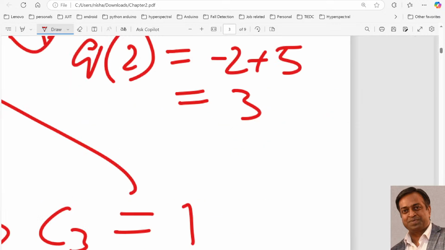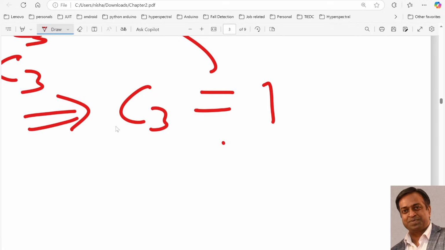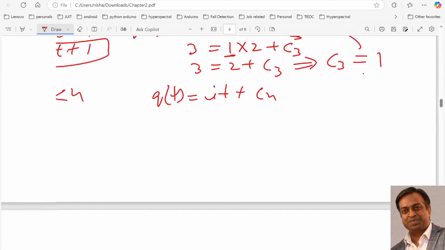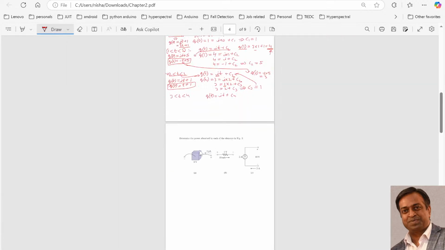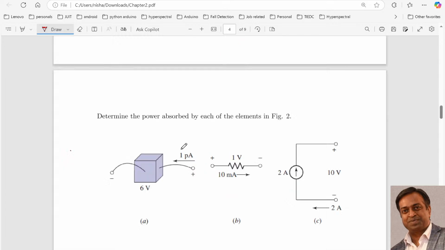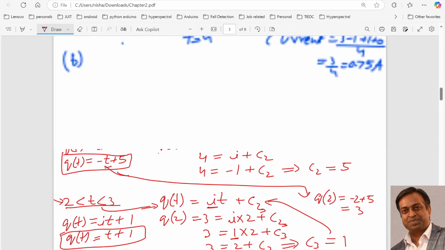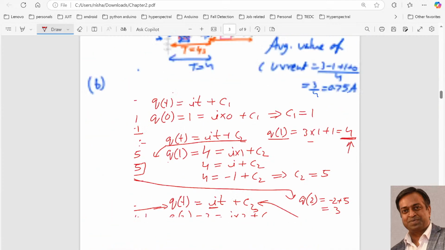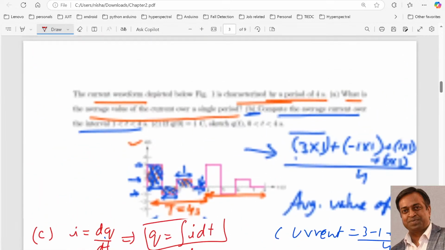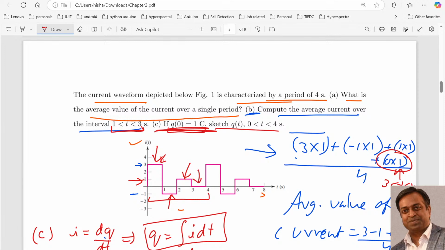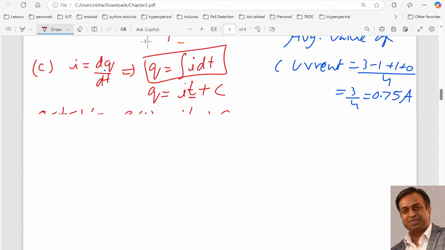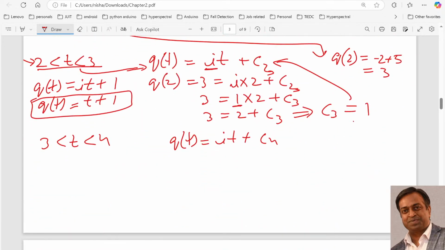Sorry, let me zoom down the things. Okay, so from 3 to 4 the amplitude is 0, so it means for this range this i will be 0.